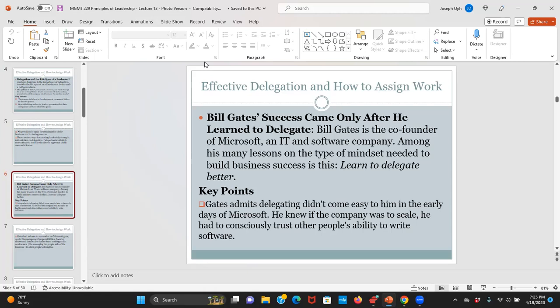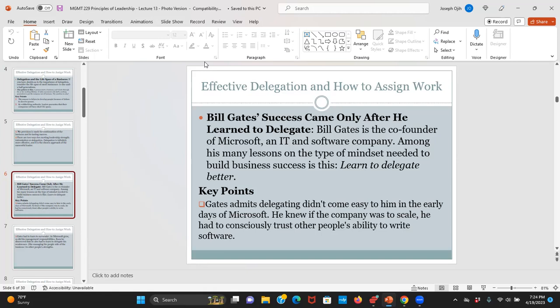Bill Gates is the co-founder of Microsoft Corporation, an IT and software company. Among his many lessons on the mindset needed to build a successful business is to learn to delegate better.